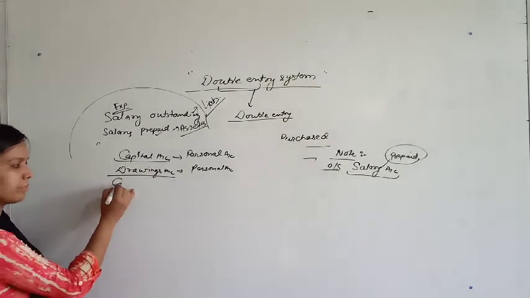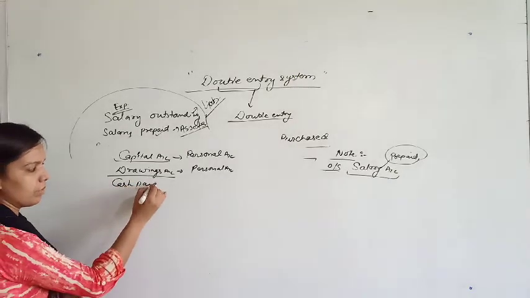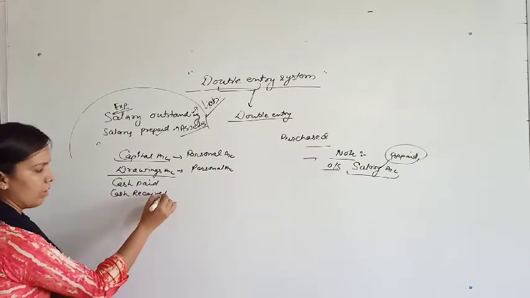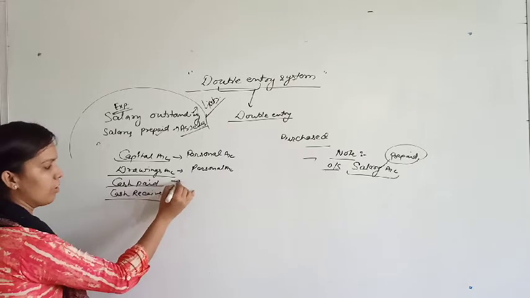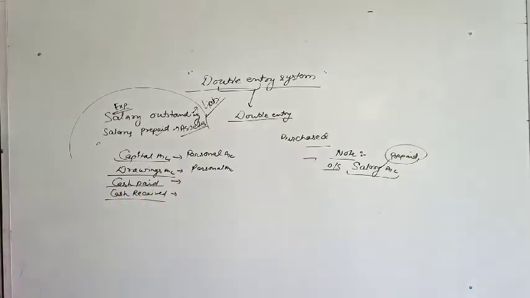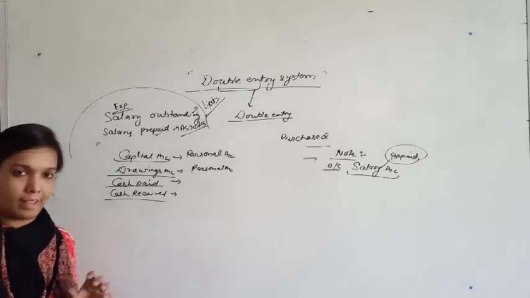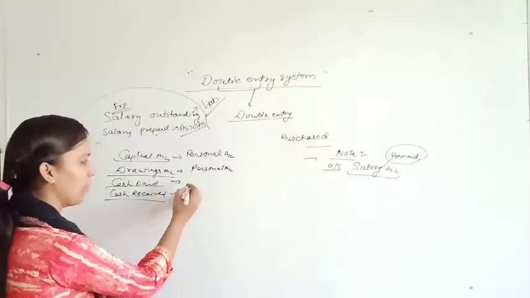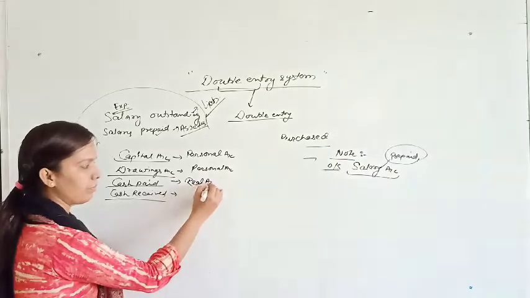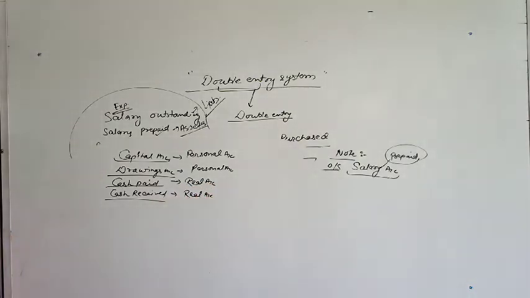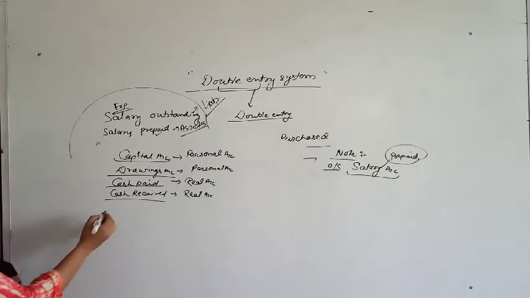Cash paid or cash received. So you know that cash paid and cash received, here the point is cash, and cash is your asset. So these will be real account. Like commission.